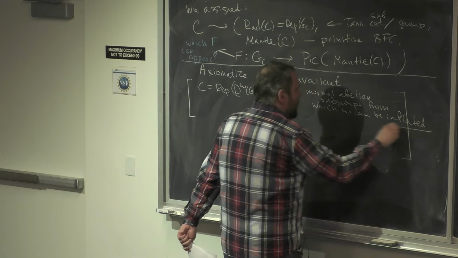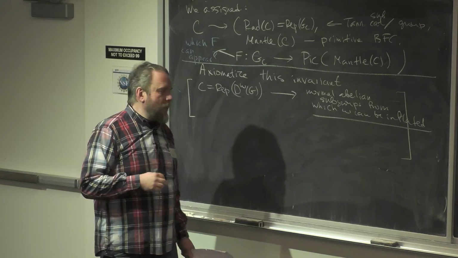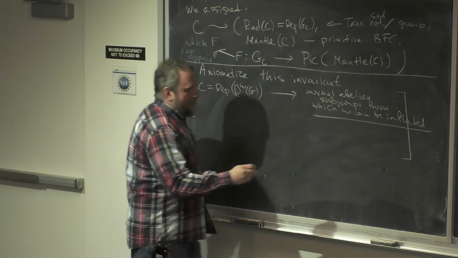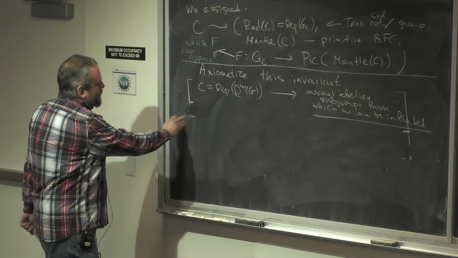You see, if there are no such subgroups other than the trivial one, this category is primitive. Okay, so we'd like to say something like this in the general case.